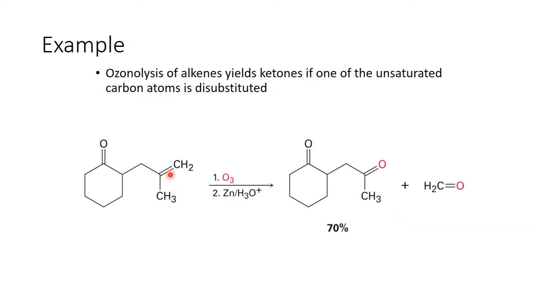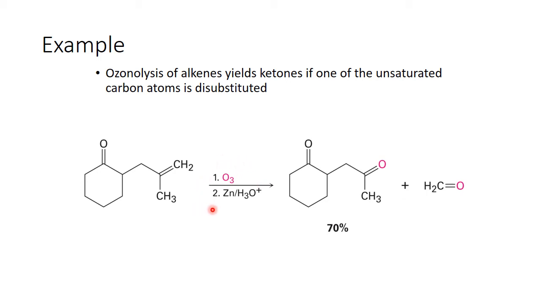Here's an example. Oxidative cleavage will take this double bond right here and convert this carbon into a ketone. Now, because this carbon has two hydrogens on it, we end up making formaldehyde. And formaldehyde's relatively easy to get rid of. We can use more harsh oxidizing agents here.